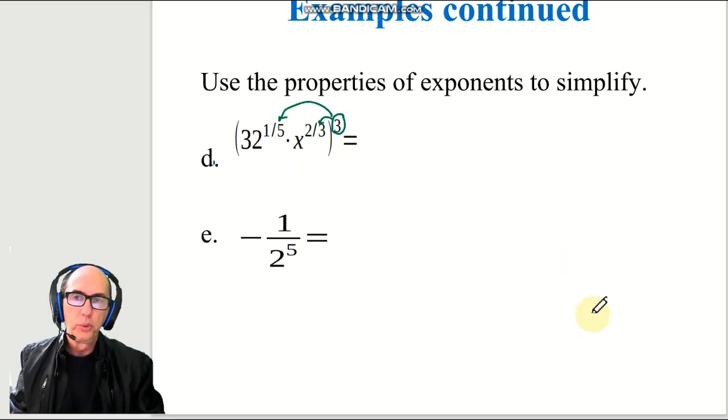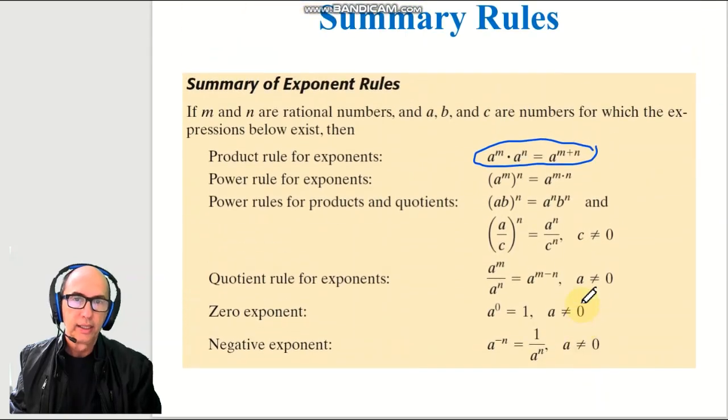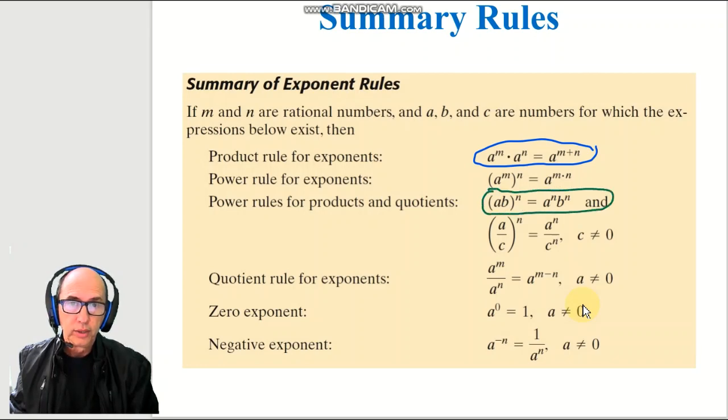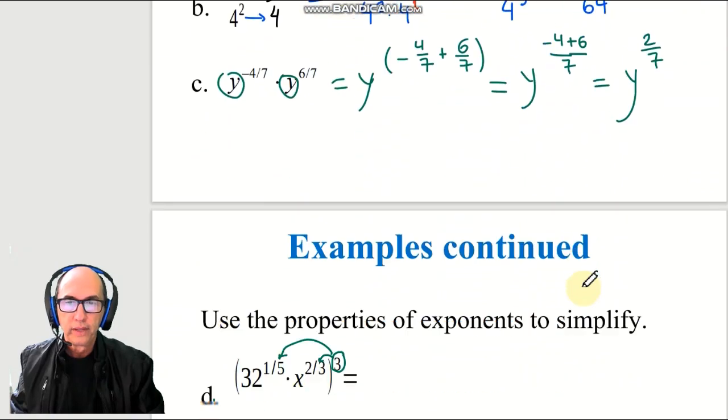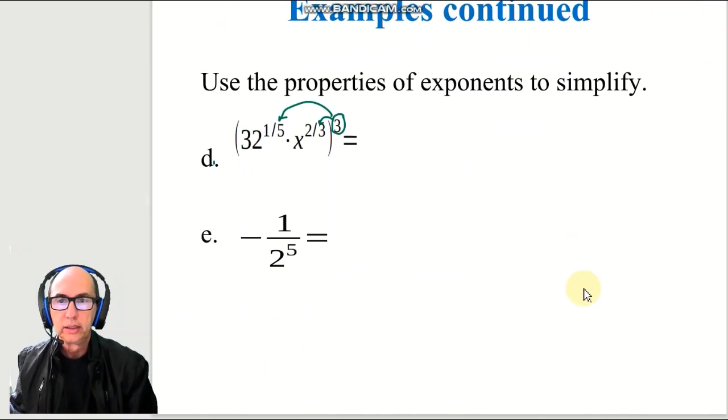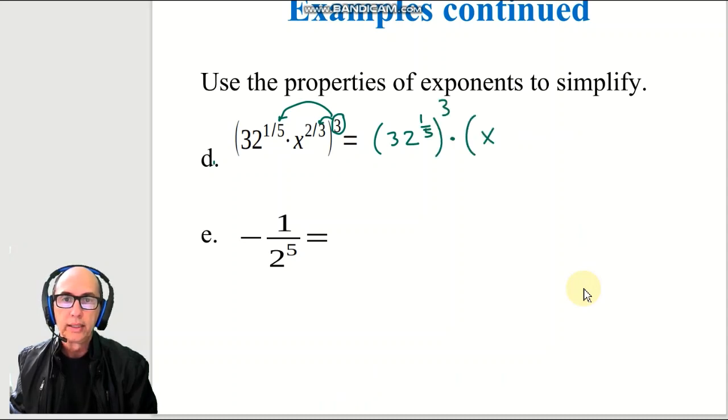The rule is the power rule for products and quotients: if you have a product inside the parentheses to a power n, then you can apply the same power to each one of the factors. That's what you're going to do here. This is 32 to the 1 over 5, to the power of 3, times x to the 2 over 3, to the power of 3.